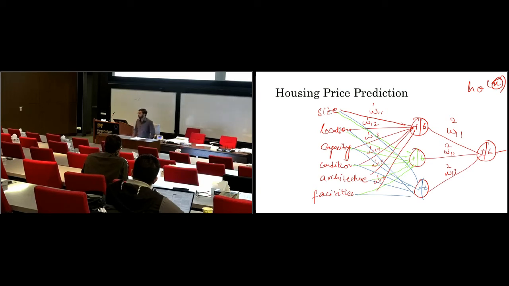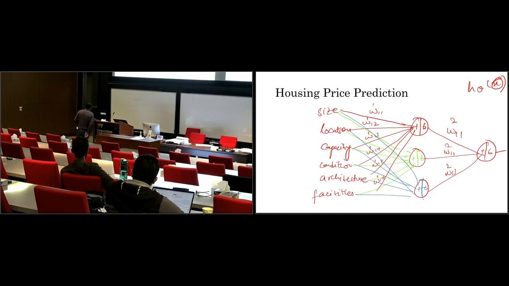Okay. Now an interesting thing is that each of these hidden units would learn some property of the input data, some nonlinear combination of the input data, which would probably be something on which the decision of the price of the house is made, right?